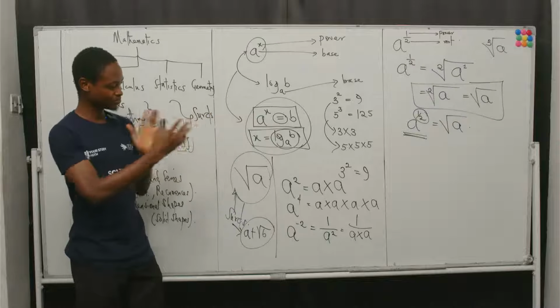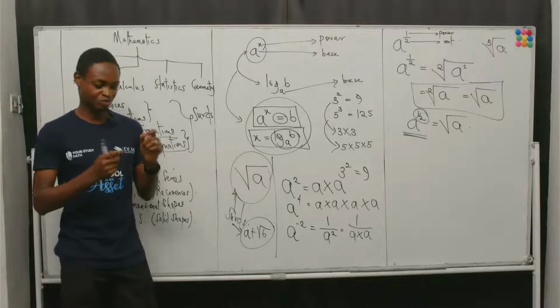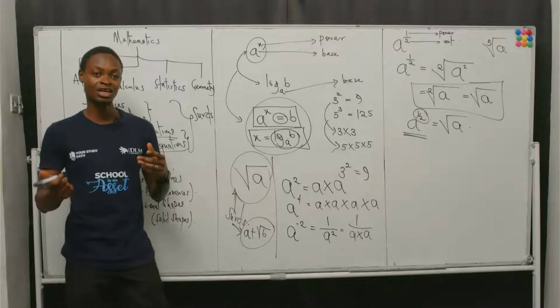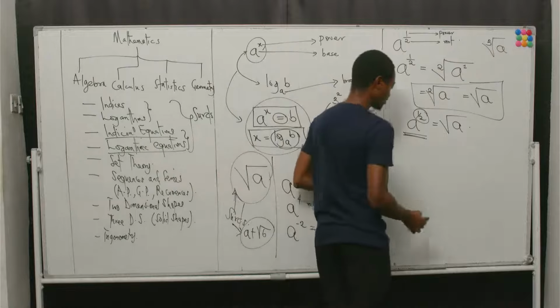So let's pick, side by side, some little things and see that they are actually the same between indices and surds. Let's see.